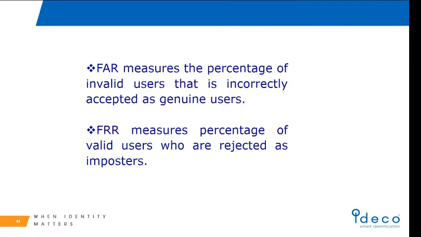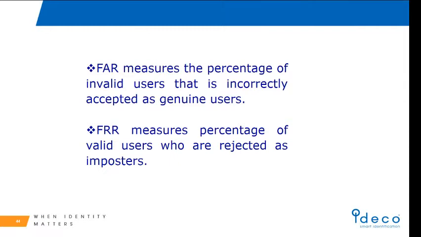Something else that I want to talk about, which is quite important, is false acceptance rate and false rejection rate, which matter when you look at the various biometric devices. False acceptance is when the system says, "I know who you are," and it's incorrect.